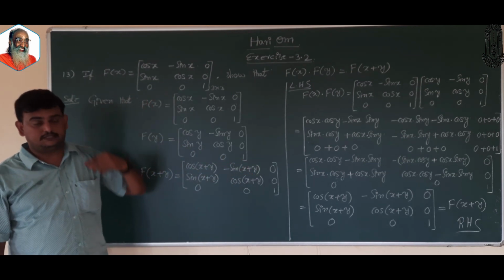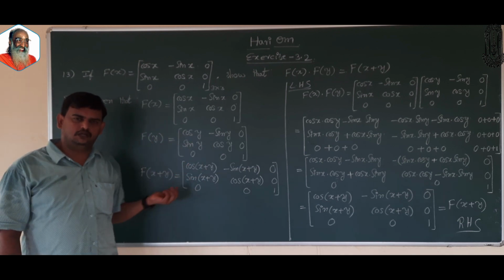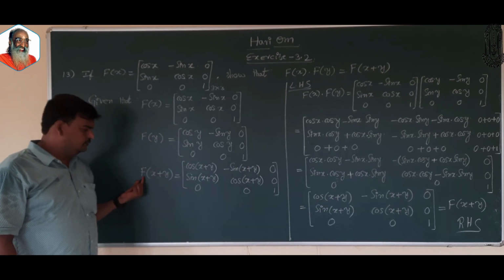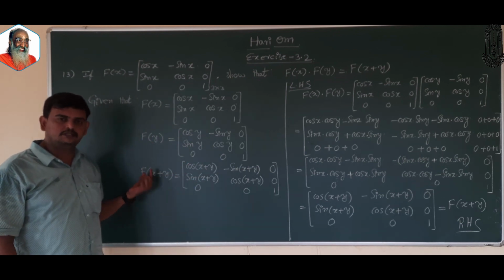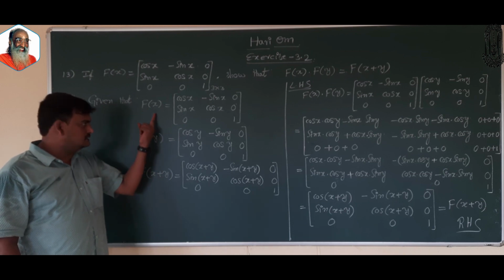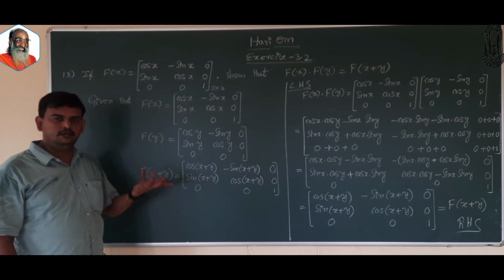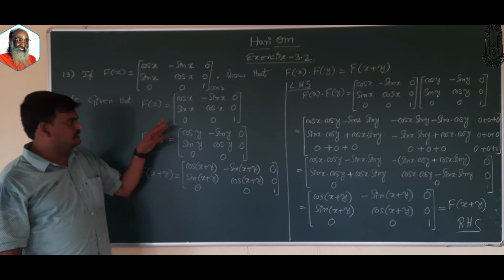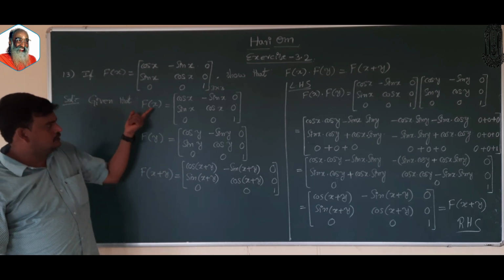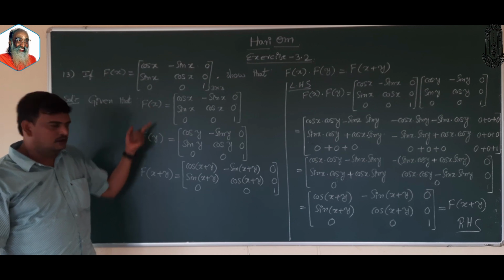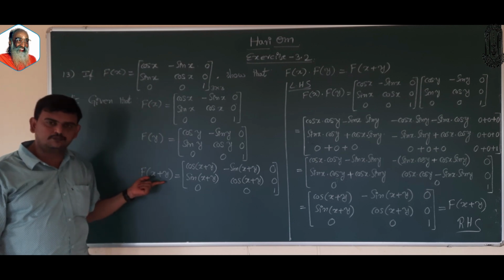And our RHS f of x plus y, that also let us see here. If you want f of x plus y, just replace x as x plus y. Variable can be anything, there is no problem by changing the variable. So here x is replaced by y, now x is replaced with x plus y.